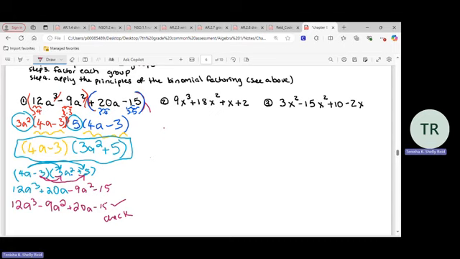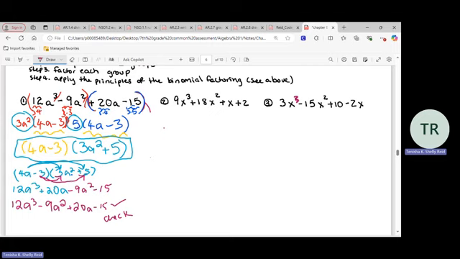No. In fact, I do believe I meant to put x^3 right here. I'm sorry. Okay, go ahead and fix that on your paper. I believe it should have started off with an x^3.